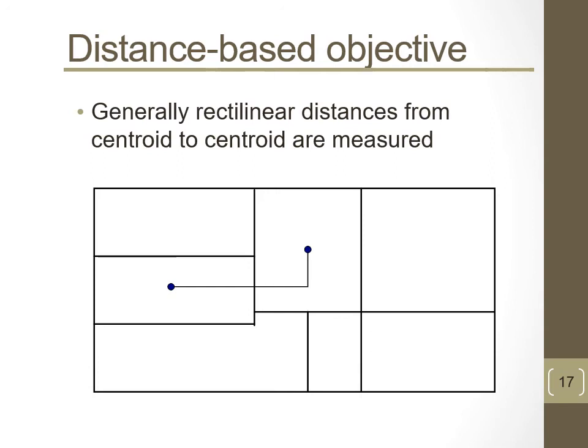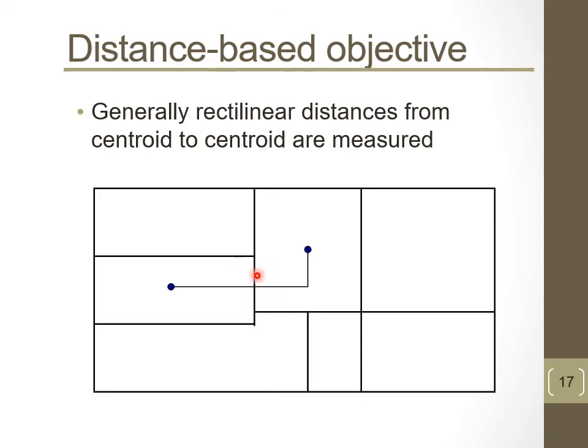And one important aspect or ingredient of this calculation is the distance. How do we calculate the distance between the departments? Generally, rectilinear distances from the centroid of one department to the centroid of the other department is used. Okay, so if you want to calculate the distance between this department and this department, you see they are adjacent, but it's not important again.